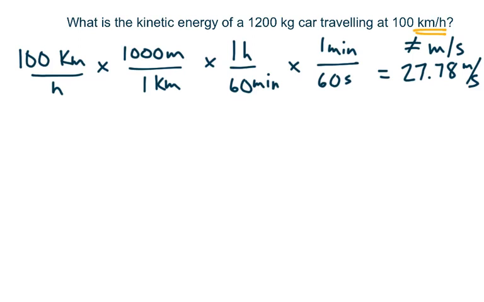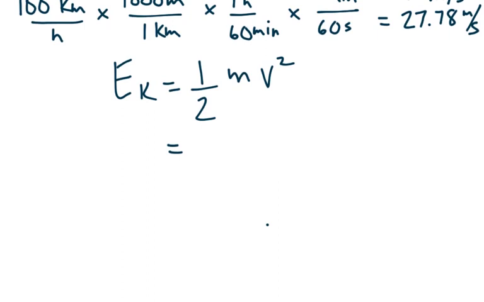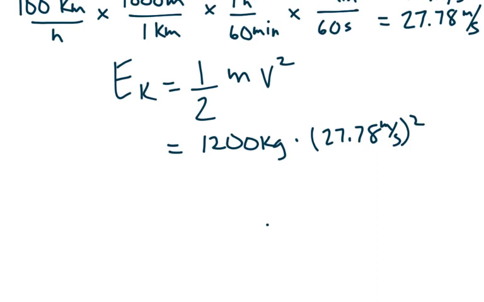Now I'm going to input this into my formula. So we've got EK is going to be equal to 1/2 m times v squared. If I input my values here, that's going to give me 1,200 kg times my velocity, 27.78 meters per second, squared, and all this is going to be divided by 2 from that half out front.